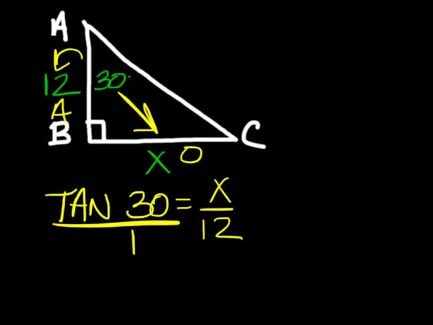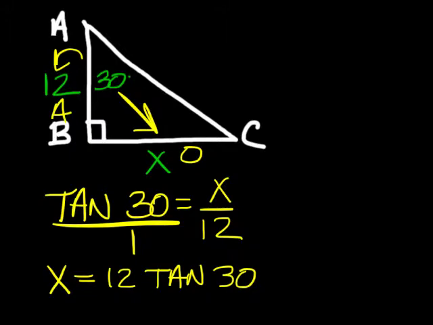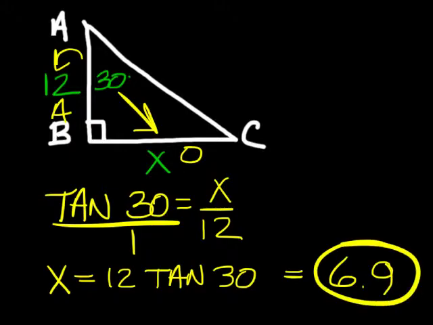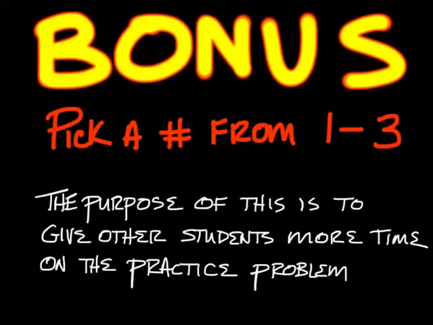When you cross multiply, you come up with x equals 12 times tangent 30. Tangent 30 is 0.5773 times 12, rounded to the tenths place, is 6.9.